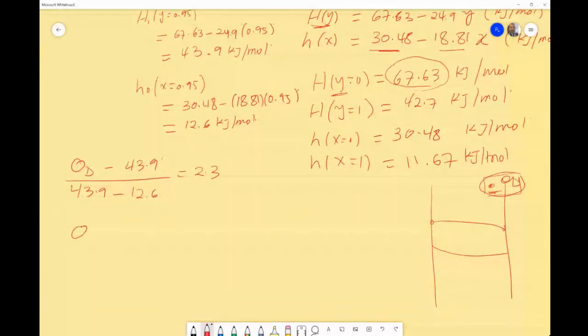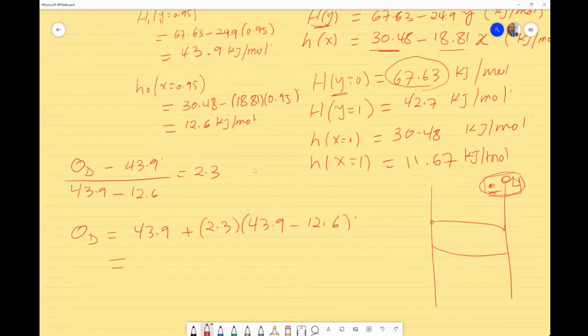Accordingly, OD should be 43.9 plus 2.3 multiplied by 43.9 minus 12.6. How much is this? If you calculate, it should be 119 or 120, something like that.